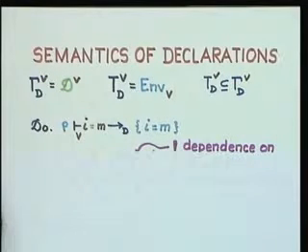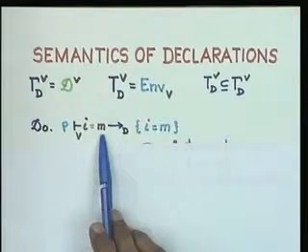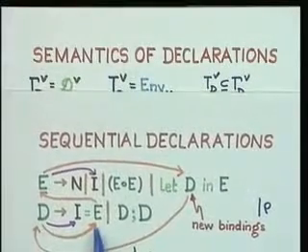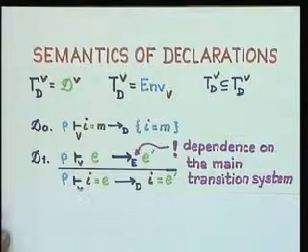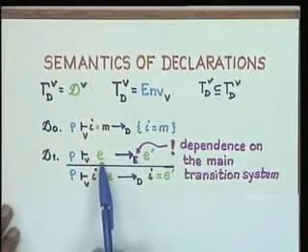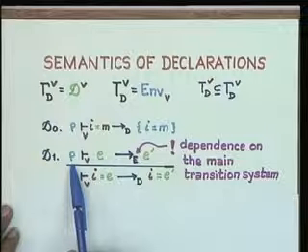So the next thing is, what if this construct is an expression, a full-bodied expression in itself? Then you have to evaluate this expression in this environment row.